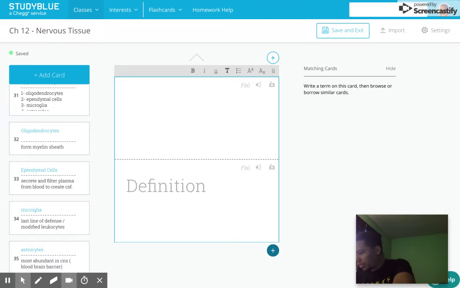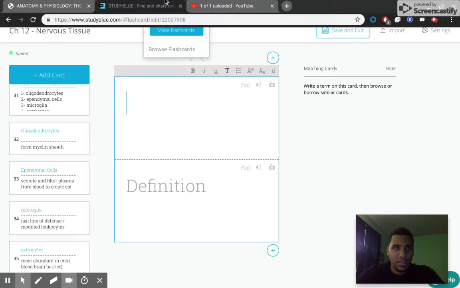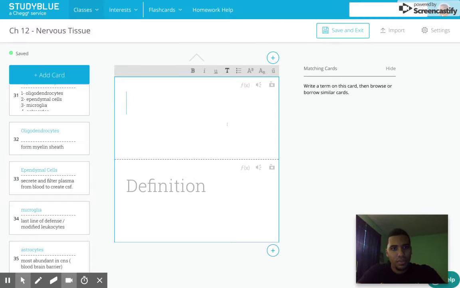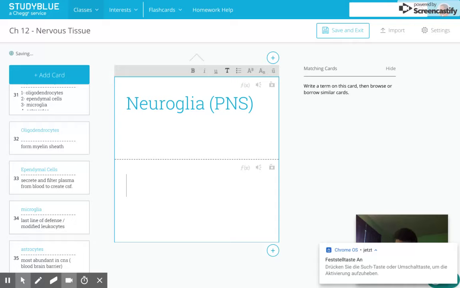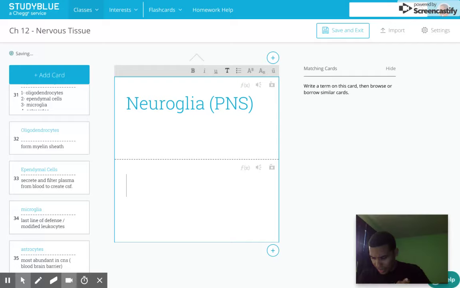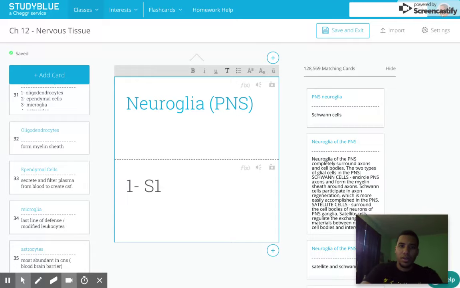So we know our types of neuroglia. Oh, Schwann cells and satellite cells. Last ones. So neuroglia in the peripheral nervous system, we have number one, our Schwann cells. And you're going to see that on slide 12-32. They envelop nerve fibers in the PNS, and they produce a myelin sheath similar to the ones produced by oligodendrocytes. So the Schwann cells are the oligodendrocytes of the PNS.